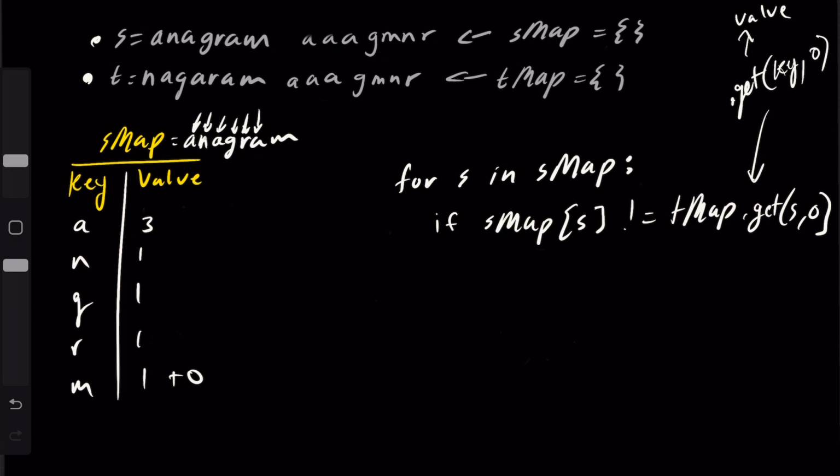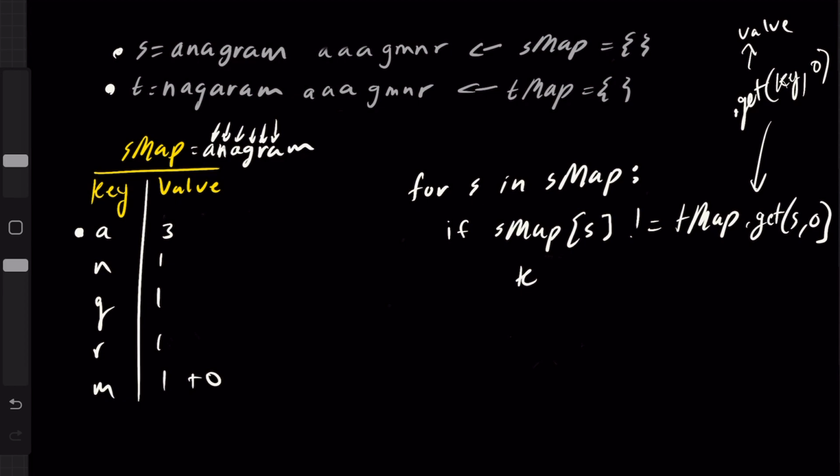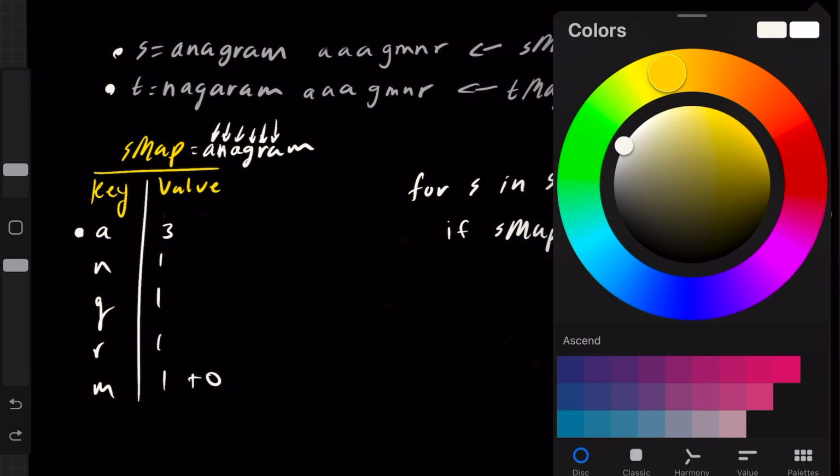And so essentially, for s in smap, the first iteration would be a, right? So you're getting the key, so a, and then this is going to return the value, right? So this part is the key. Let me use a different color, so let's do it like this, red.